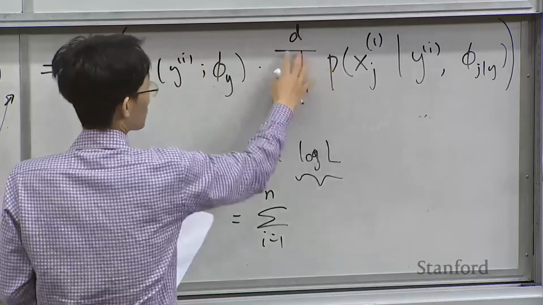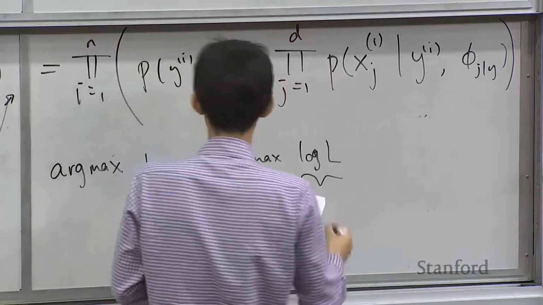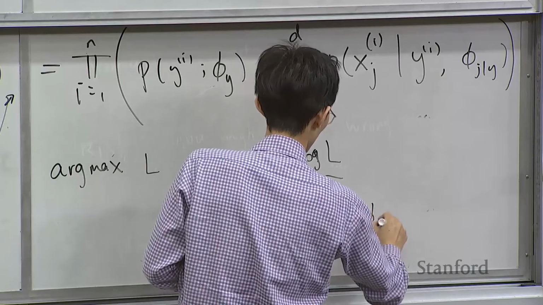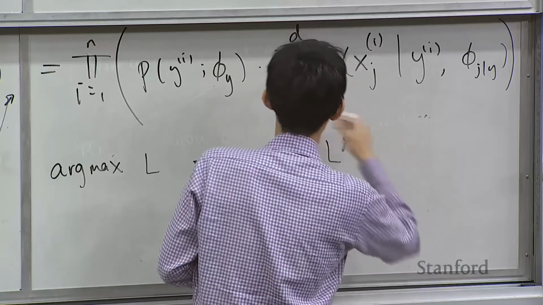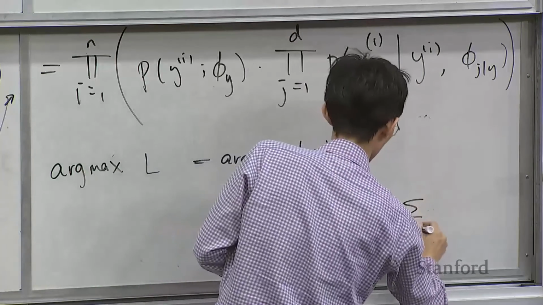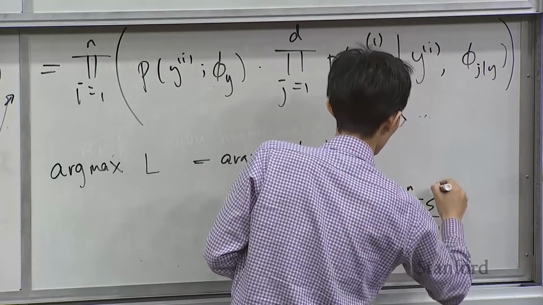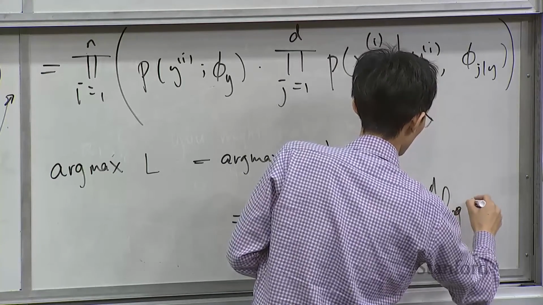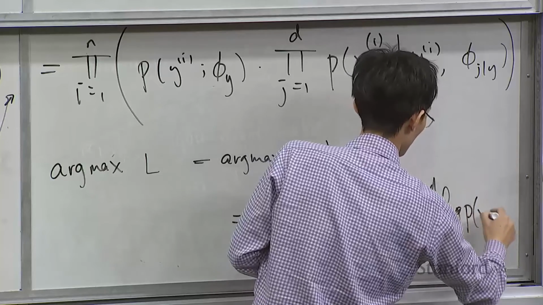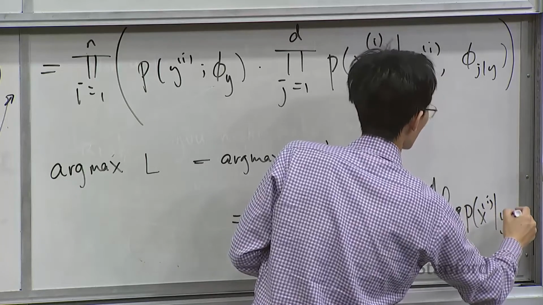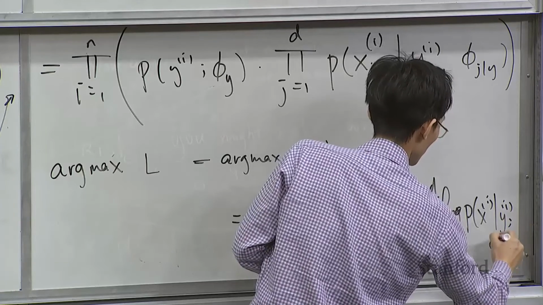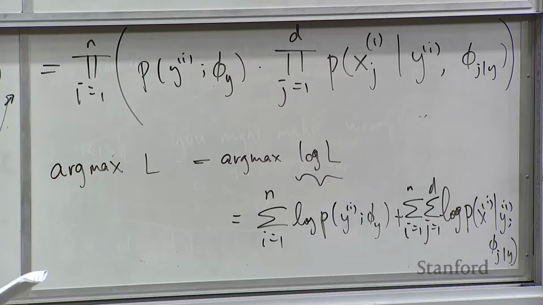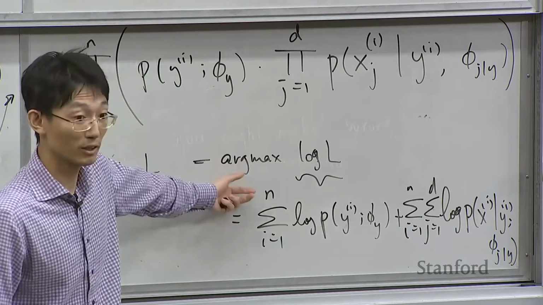You turn all of these into sums, and you have the log in front of the terms. So you have the sum of log p(y^(i) given phi y) plus a double sum over i from 1 to n, sum over j from 1 to d, of the log of this. And then you analytically plug in all of this.